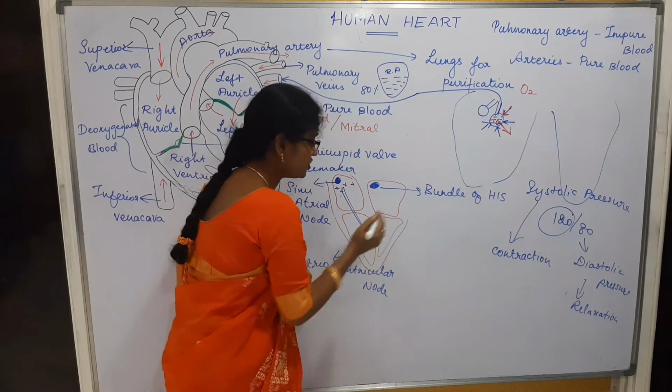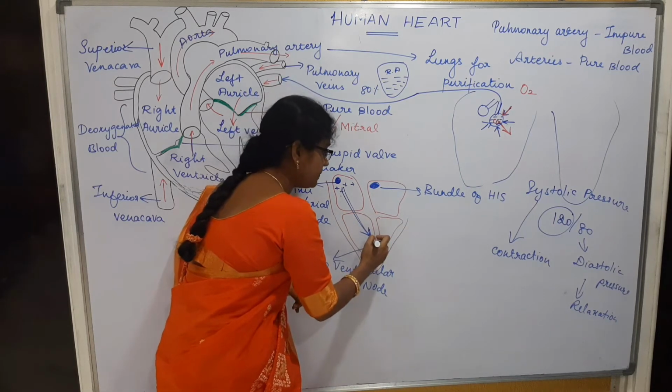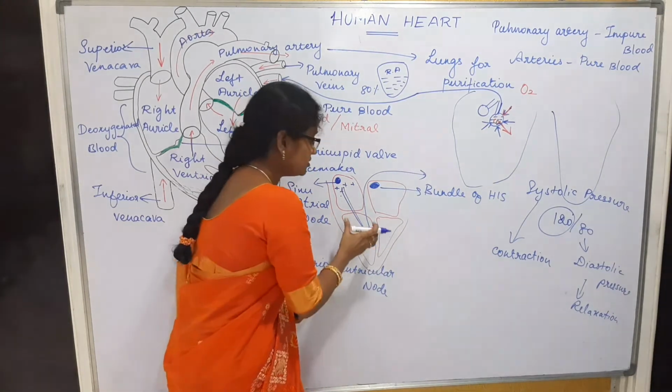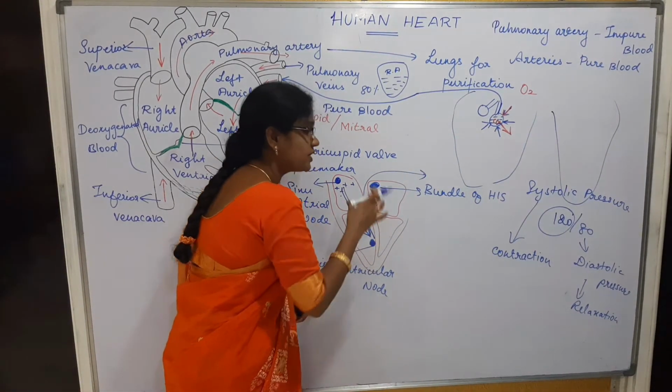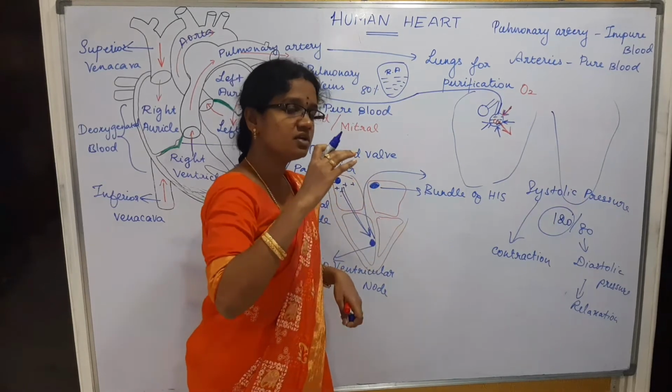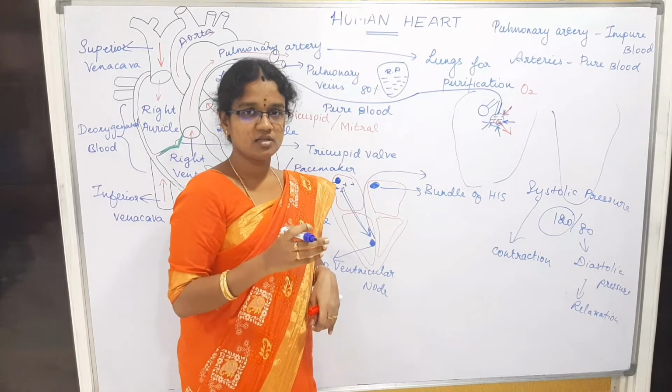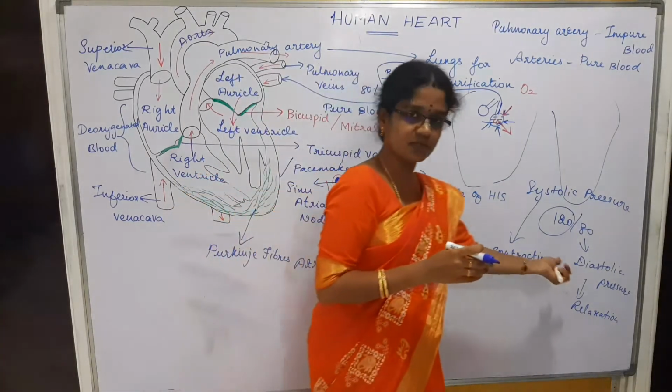Whereas the diastolic pressure means the heart pumps the blood to the lungs. This is the relaxation process because it moves the blood to the lungs quite slowly. This is the diastolic pressure.